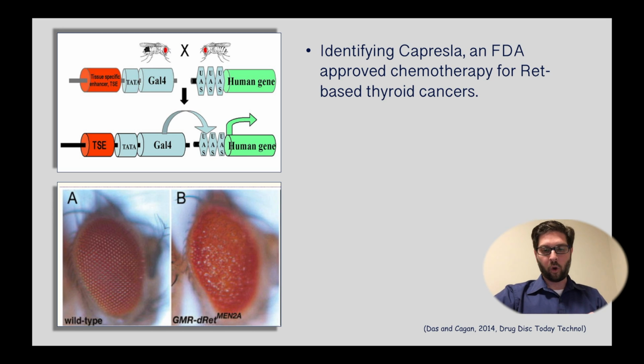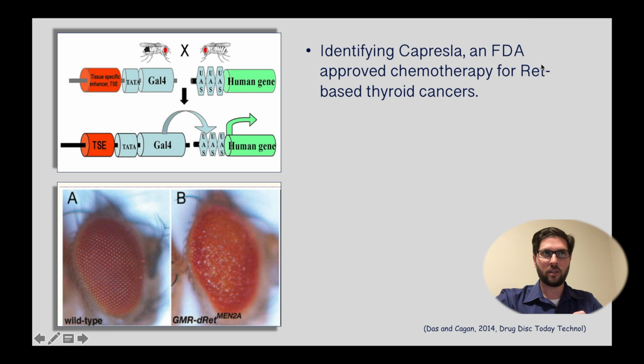And one laboratory that utilized this particularly well comes from Ross Kagan's laboratory. Ross Kagan was able to identify Caprelsa, which is now an FDA-approved chemotherapy for RET-based thyroid cancers.